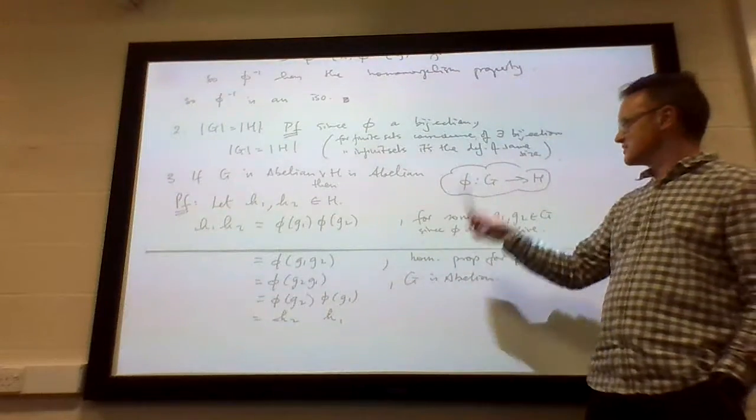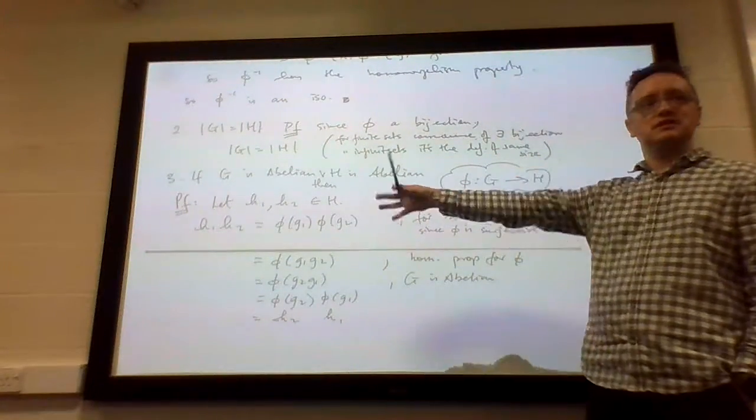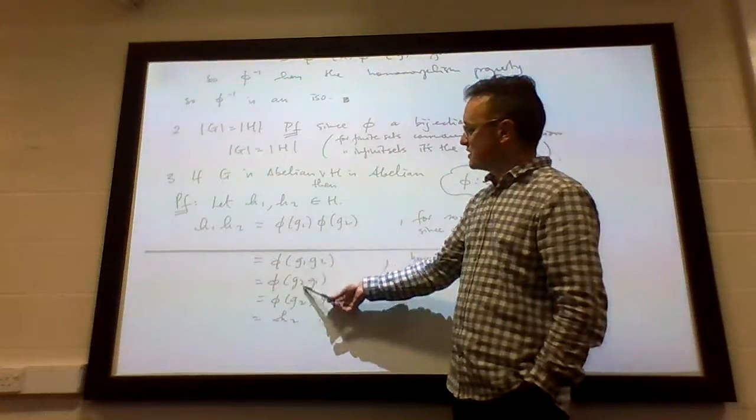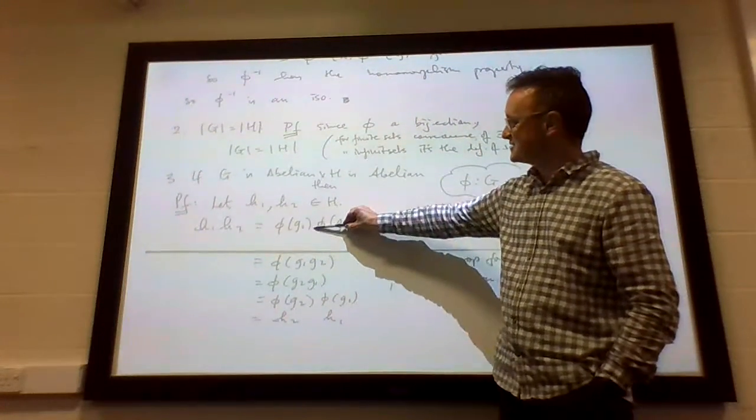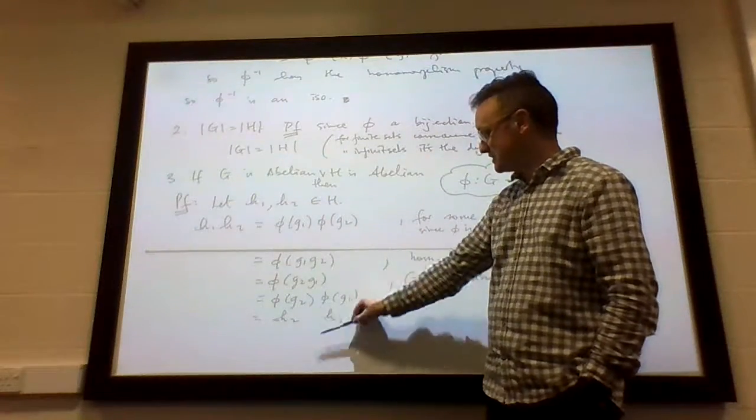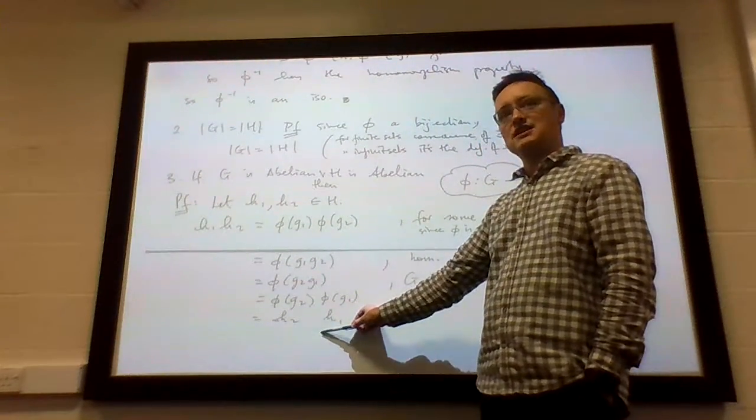I shouldn't use the word action, because action has a technical meaning which we'll be seeing later on. The groupy stuff going on here is taking place in G, whereas up here it is taking place in H, and at the end of the argument it's back taking place in H again.